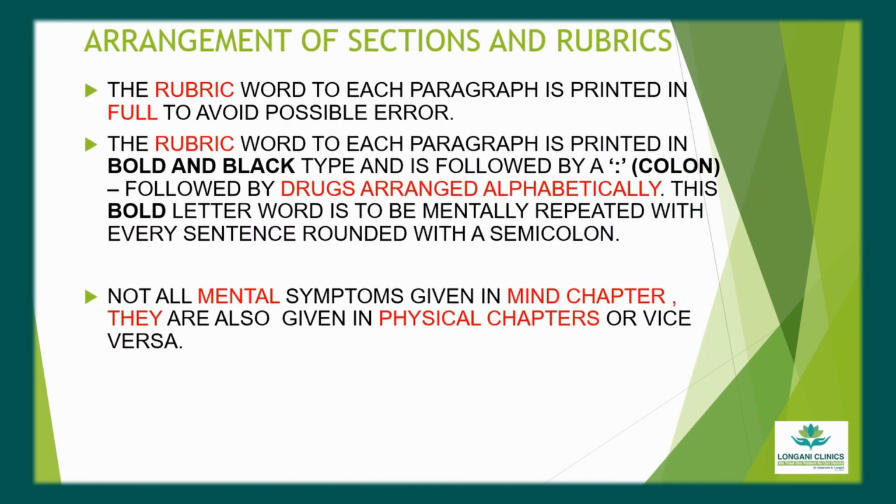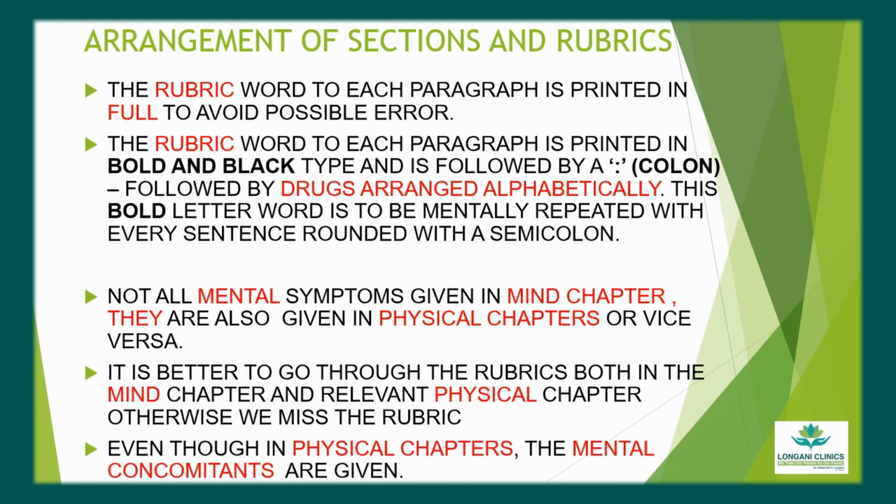The rubric word to each paragraph is printed in full to avoid possible error. The rubric word to each paragraph is printed in bold and black type and is followed by a colon, followed by drugs arranged alphabetically. This bold letter word is to be mentally repeated with every sentence ended with a semicolon.